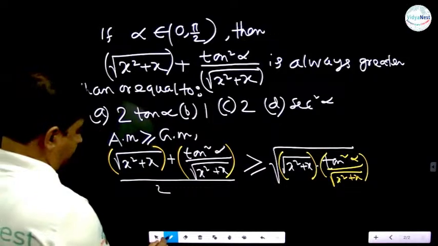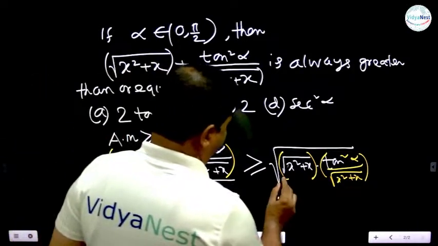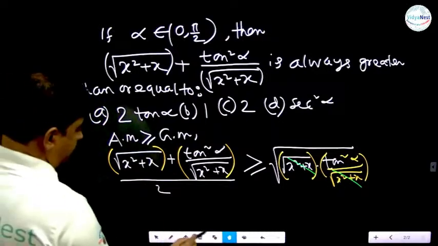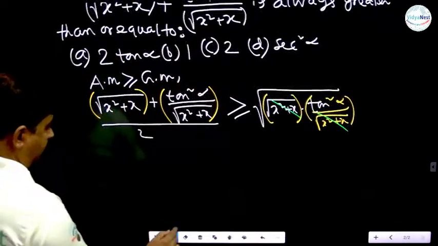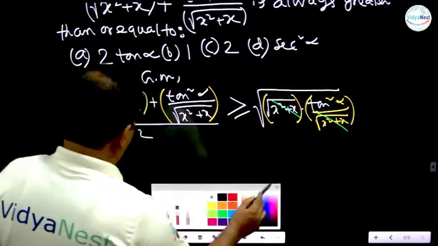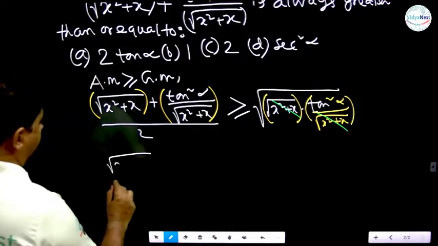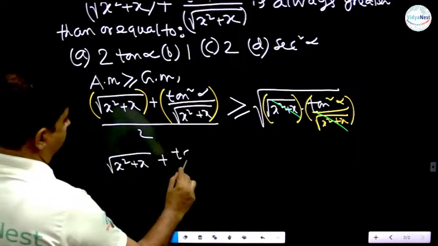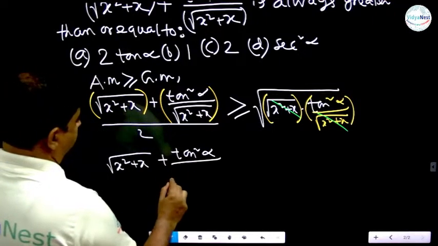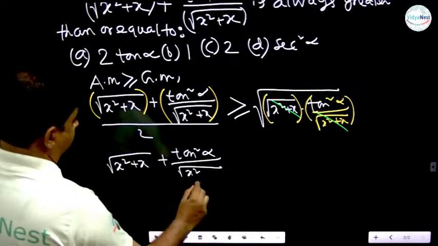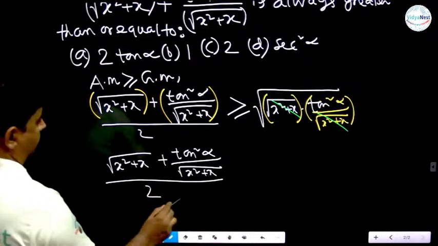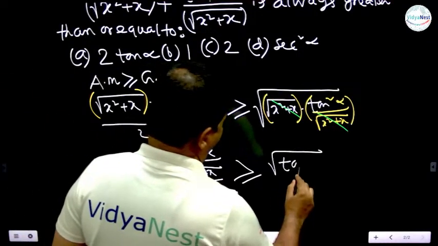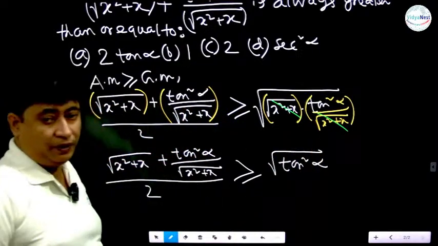Now this part will get cancelled. Square root of tan square alpha.